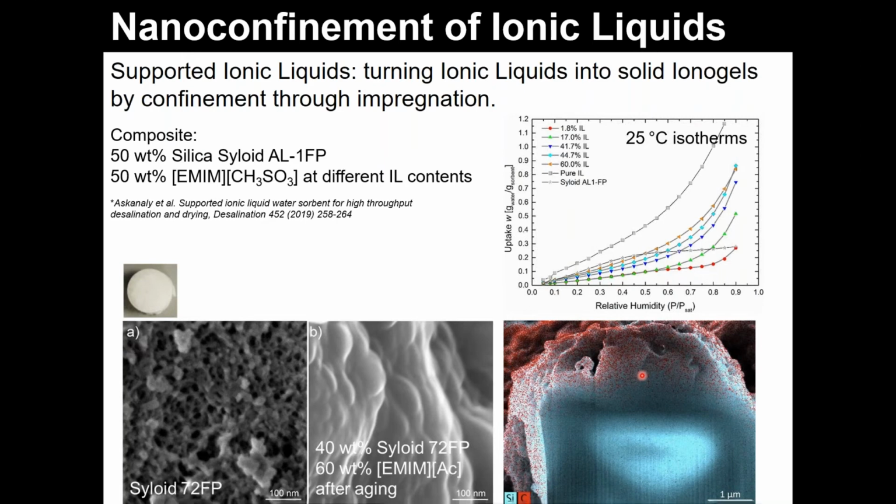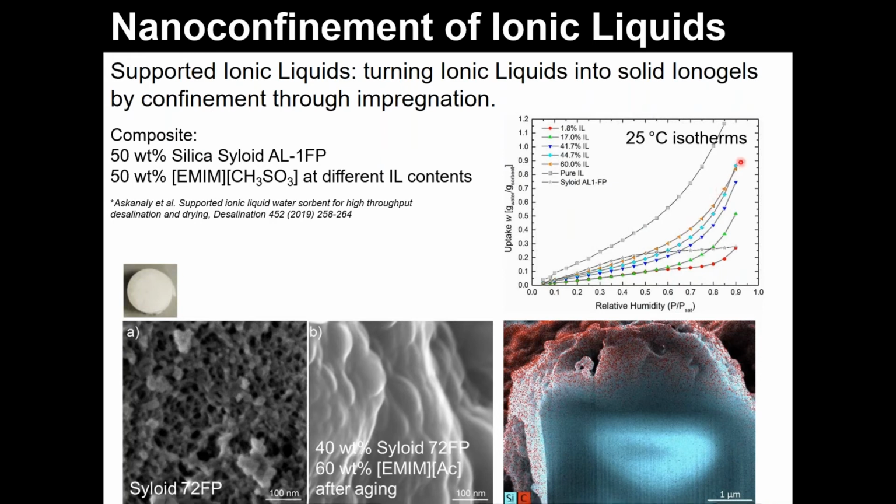Now, one last remark from this slide is that I'm showing here only 25°C isotherms. The reason is that when plotted against relative humidity, the ionic liquid and even the confined ionic liquid become temperature independent.